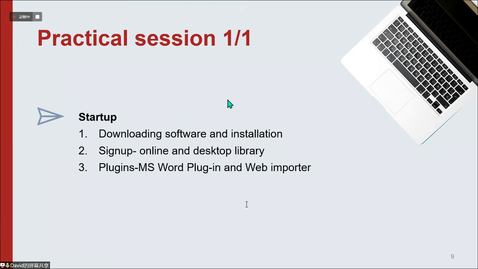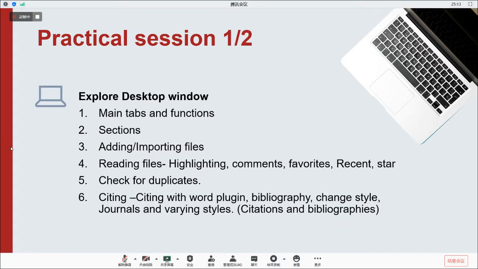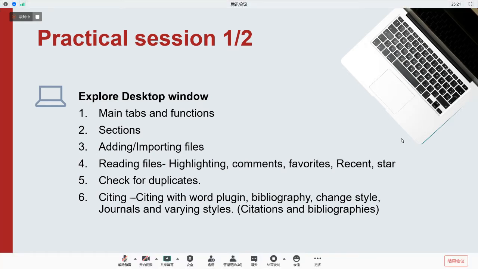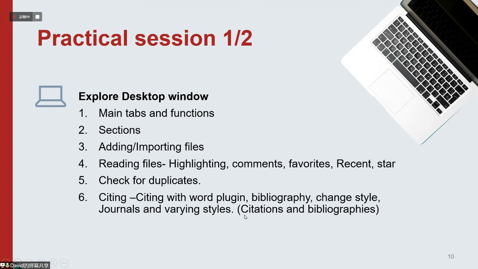Secondly, we'll go into the next one, which will be exploring the window. So we'll be talking more about what the tabs mean, what their functions are, how we import, how we add files, how we read and highlight, add some important things, and how we check for duplications in case you have so many files of the same document, the same paper, let's say.